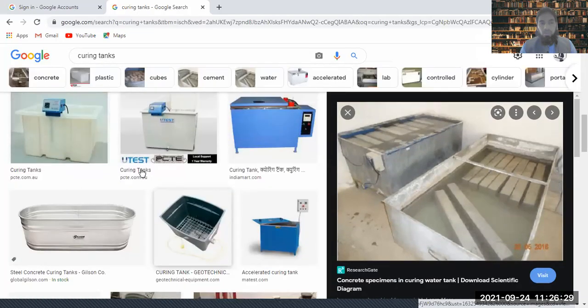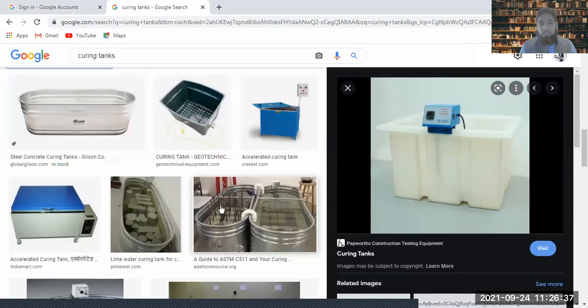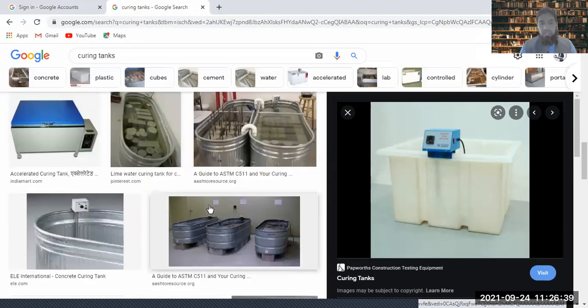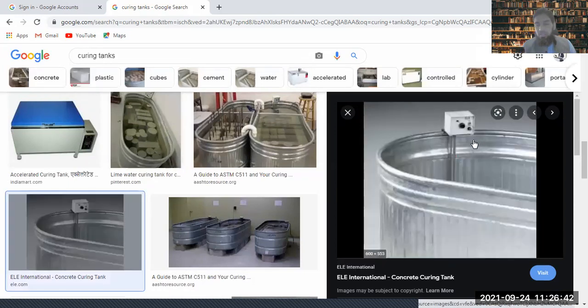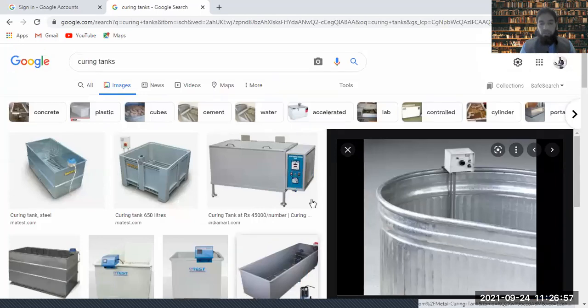Even at your homes, you can have just a simple container acting as a curing tank for testing the samples. You must have seen the element that you put within the water for temperature regulation, even in the steamers that we use in our homes, which heats up the water.